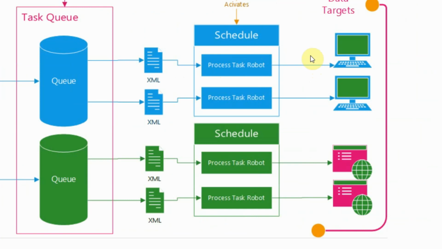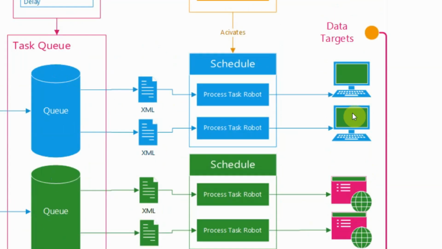That can be, for example, adding data into SAP on a desktop or adding data into any other desktop applications or modifying some websites, and so on. So again, the data targets can be various systems where the process needs to be completed.